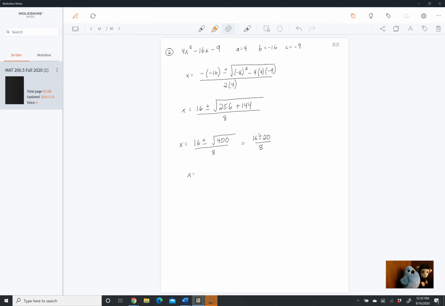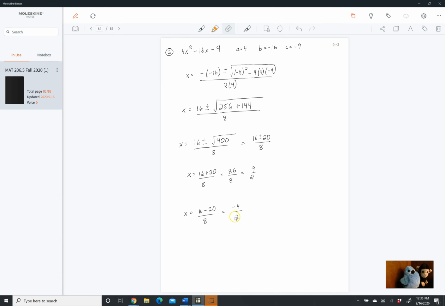and subtract. So we're going to say, okay, well, x equals 16 plus 20 over 8. Or x equals 16 minus 20 over 8. So 16 plus 20 is 36 over 8. And we could divide both things by 4, which gives us the 9 over 2. 16 minus 20 is negative 4 over 8.